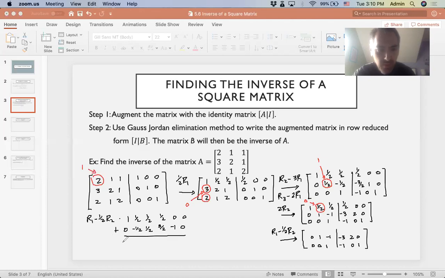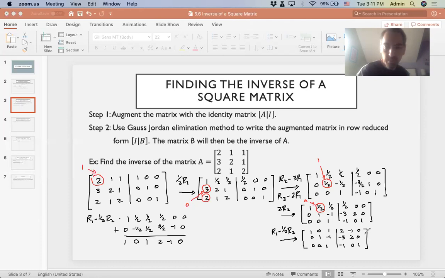When we add this together, we get 1, 0, 1, 2, -1, and 0. And again, you may want to verify those numbers on your own.